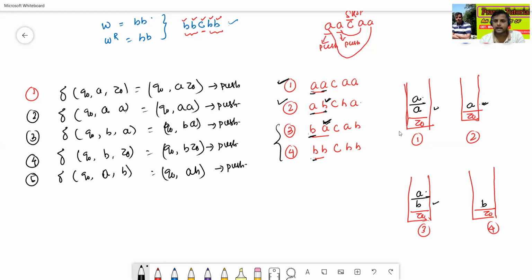After 1B, if B comes, delta Q0 read B, top of the stack is B, this is Q0 BB, a push operation.